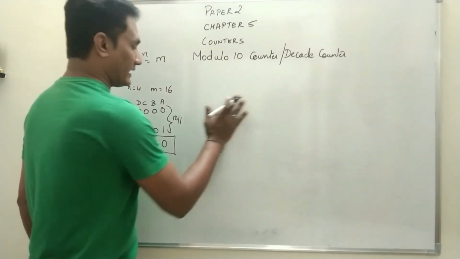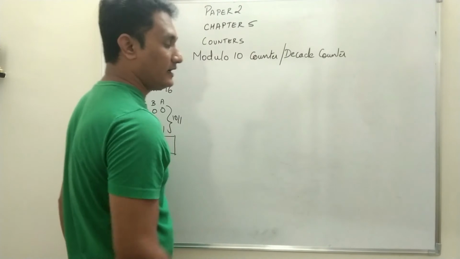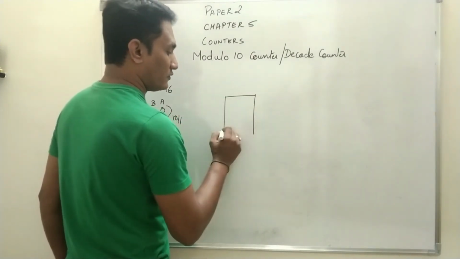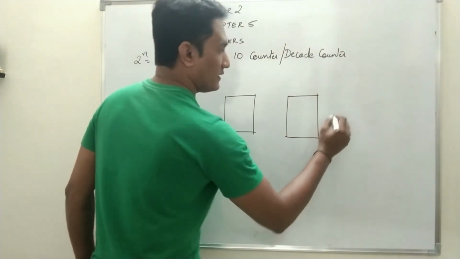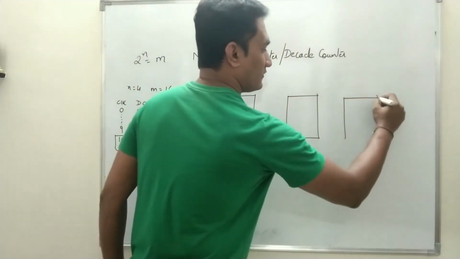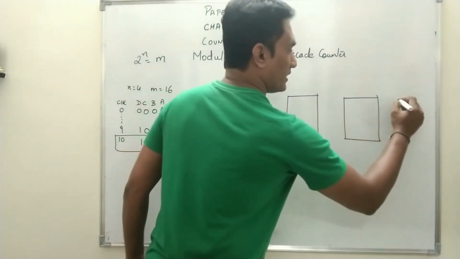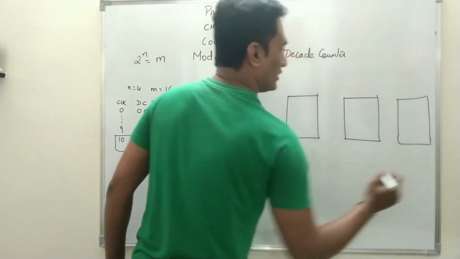See the circuit diagram. So this is the first part, this is the second part, the third part is drawing the circuit diagram. Now we have to design with 4 JK master slave flip-flops, of course all working in toggle mode.